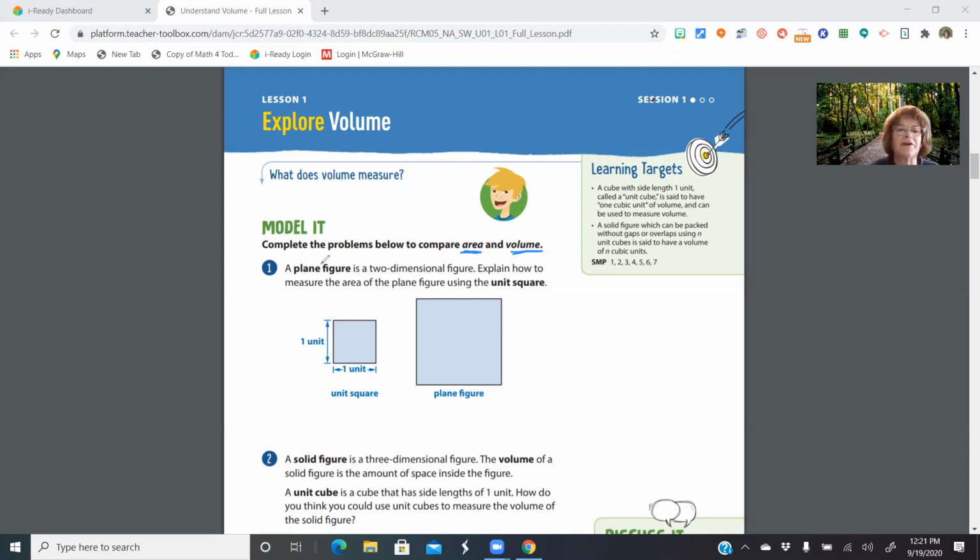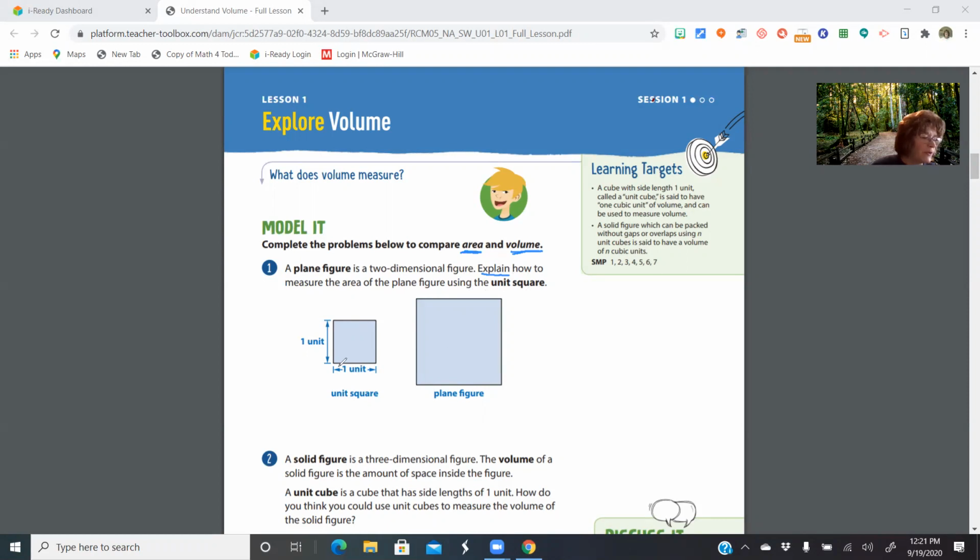A plane figure is a 2-dimensional figure. Explain how to measure the area of the plane figure using the unit square. Okay, a plane figure just means it's 2-dimensional, like this. It's not 3-dimensional. So they ask us to explain how to measure the area of a plane figure using the unit square.